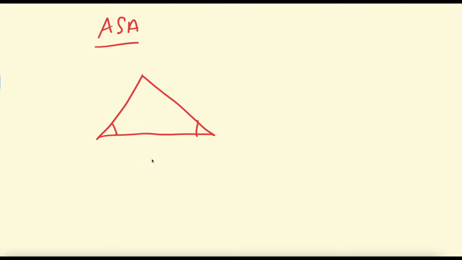Okay, so now let's say that we know this side, and the two surrounding angles are theta and alpha. Now we basically need to convert everything into this form, 1 by 2 base into height. So we know the base, and all we need to find out is this height over here. So how do we do that?